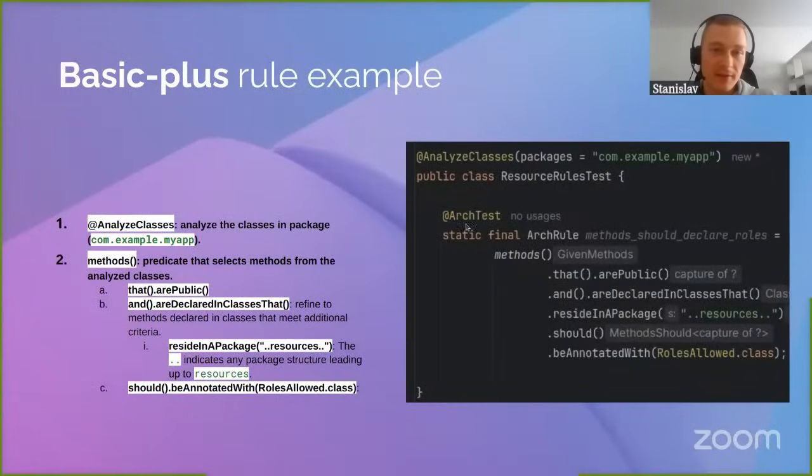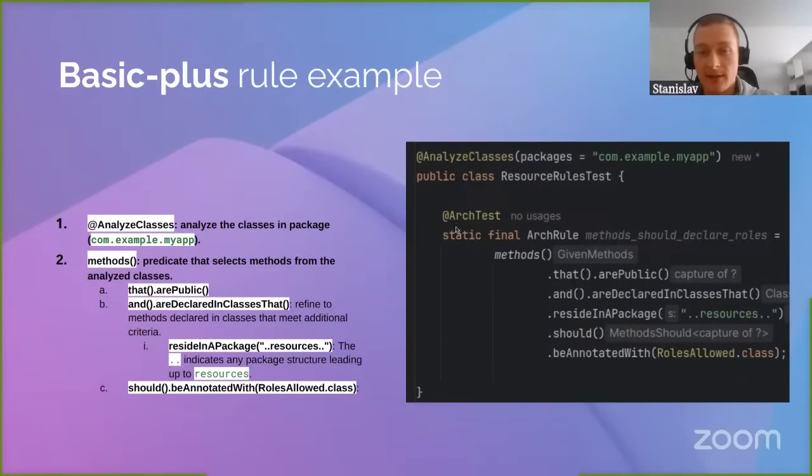Another, even more basic example is a resource rule test, which is checking that every endpoint in your Java EE resource is protected with the roles allowed annotation. By the way, we use this rule on our project. It is quite useful. The structure is the same. You declare the classes to scan with analyze classes.